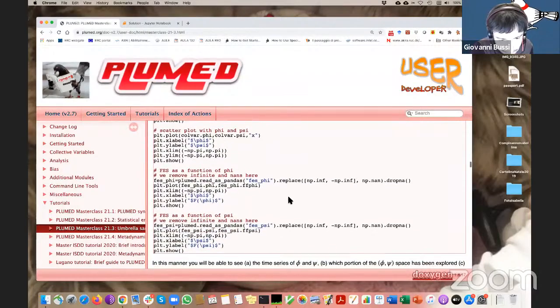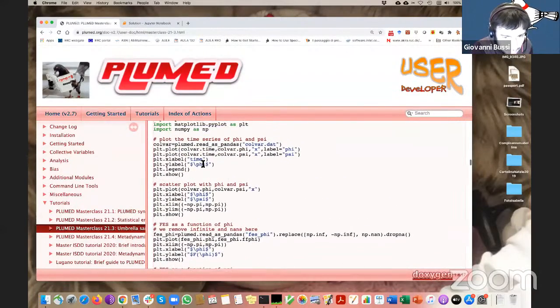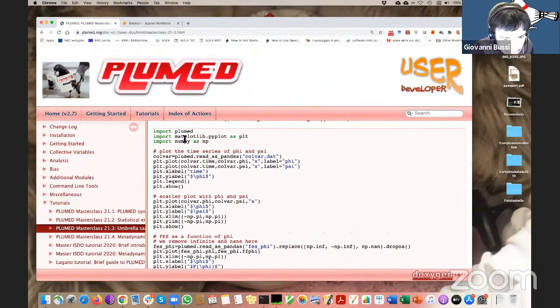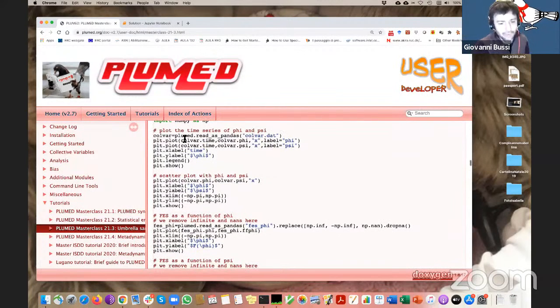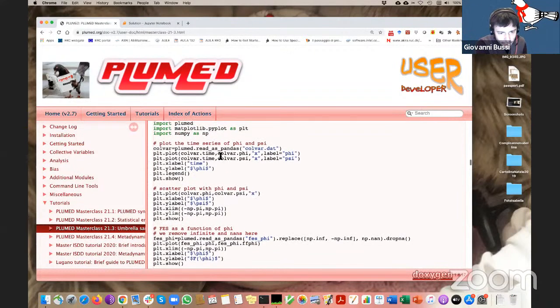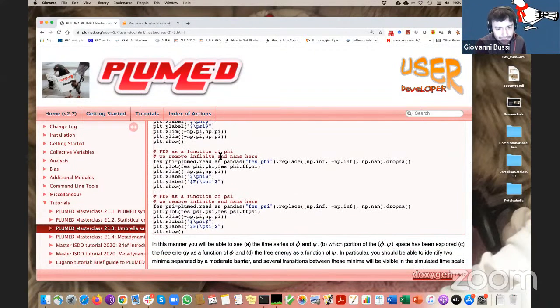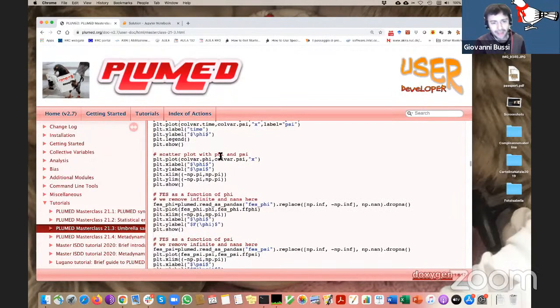Here there is some suggestion about how to analyze your trajectory. I don't know how familiar you are with Python. I would really recommend you to learn how to use these basic plotting tools because they are very convenient. Did you manage to just copy and paste it? Did it work? Yes, it worked.